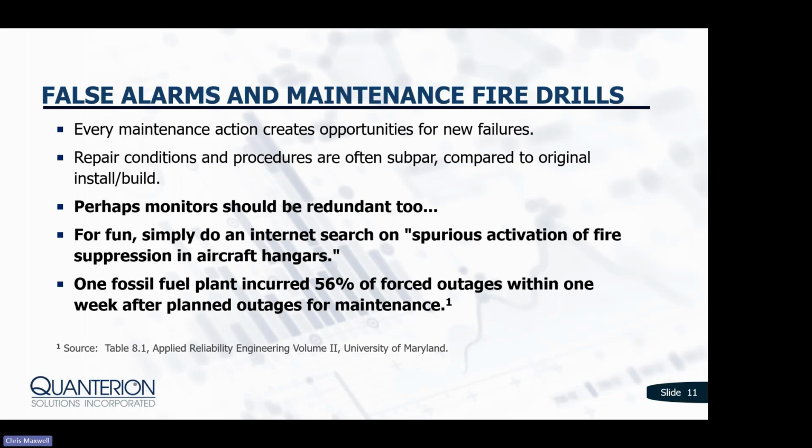Lots of times, companies will experience a forced outage right after a planned or predicted or condition-based maintenance procedure. Every time somebody takes your stuff apart, every time they work on it, every time they put it back together, they can cause new and novel failure modes.